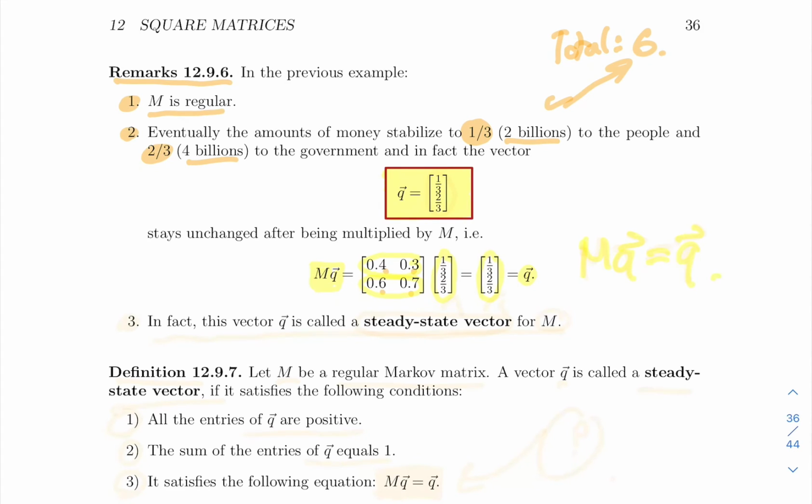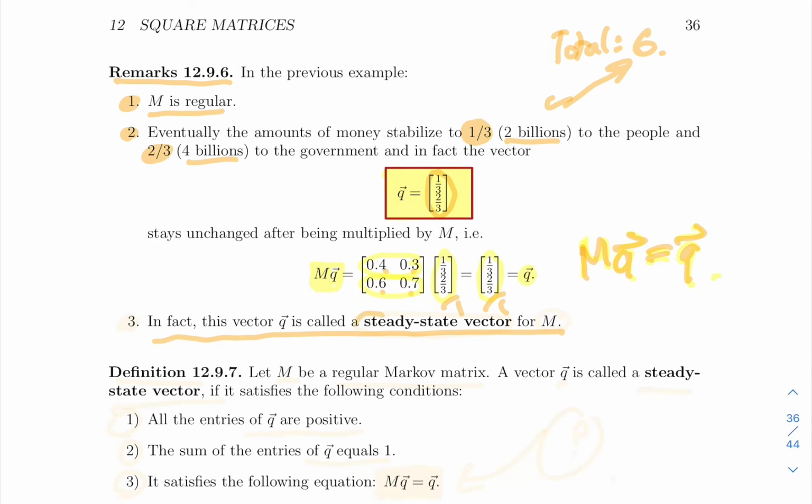This vector is very special for a couple of reasons. The first thing is that the sum of the entries, 1/3 plus 2/3, sums up to 1. And it is also such that when you multiply this vector Q by M, you get Q again. A vector like this is very special.